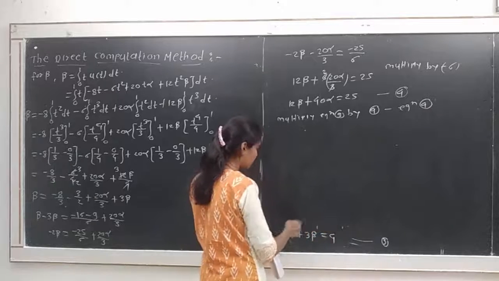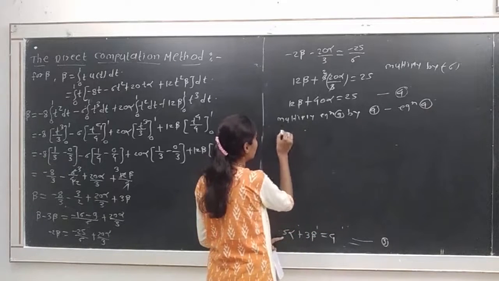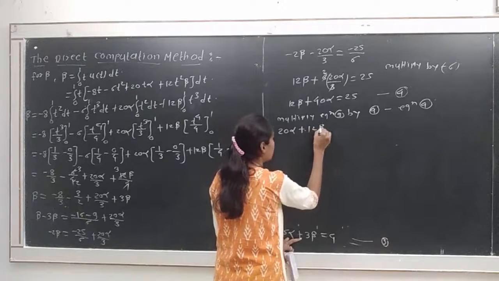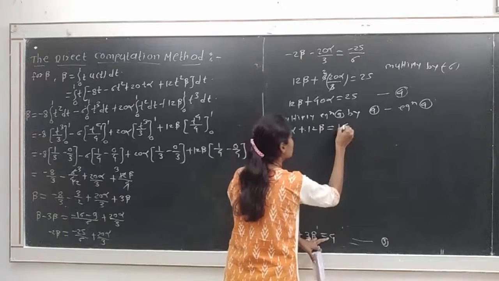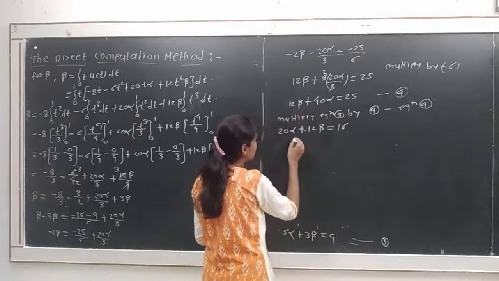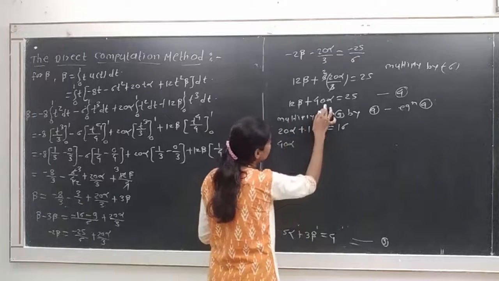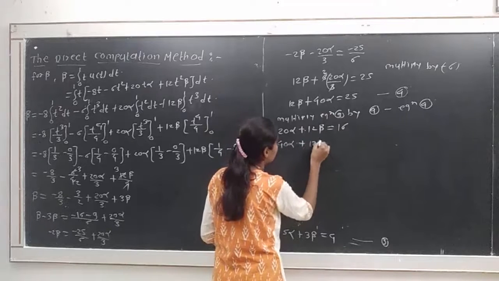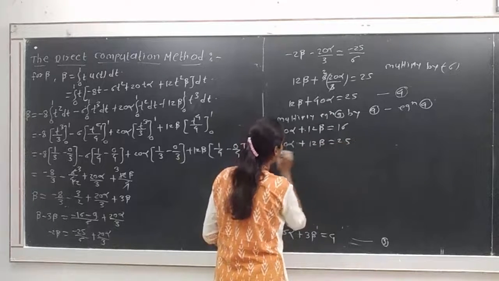Okay, so if we multiply this by 4, we get here 20 alpha plus 12 beta is equal to 60, and minus this equation, 40 alpha plus 12 beta is equal to 25.